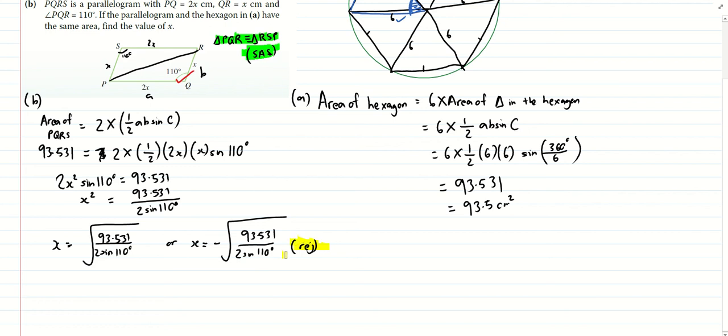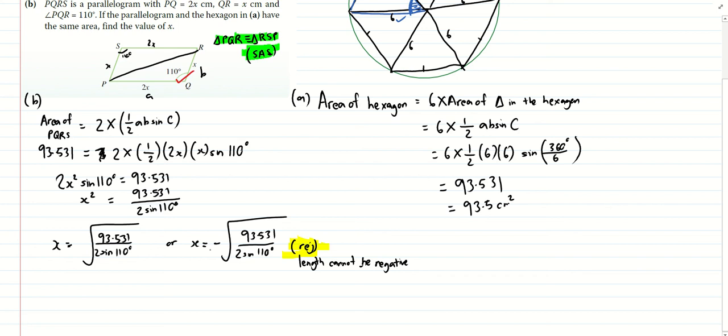If you can put the reason for rejection, that will be fantastic. But if you're not sure about the reason, don't put it, because then you are just marking yourself down. In this case, we are sure that the reason is simply because length cannot be negative. So we put this here just to be perfect on this.